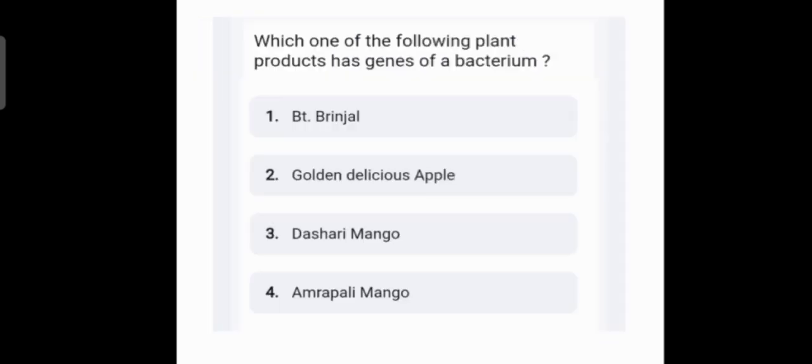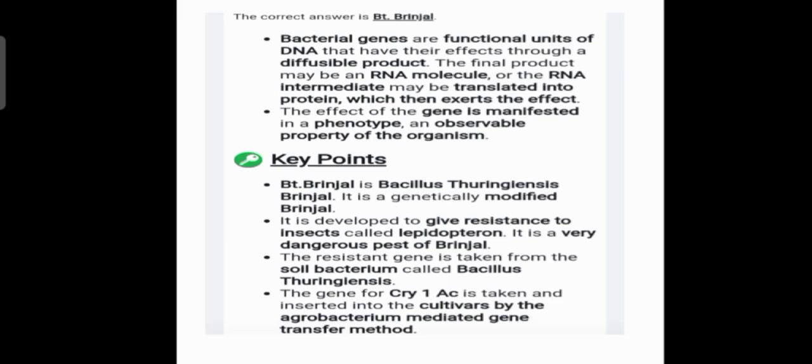Next one: which one of the following plant products has genes of a bacterium? Bt brinjal, Golden Delicious apple, Dashehari mango, Amrapali mango. The answer is Bt brinjal. Bacterial genes are functional units of DNA and they affect through a diffusible product. The final product may be an RNA molecule or RNA intermediate, or may be translated into protein, which then exerts the effect.